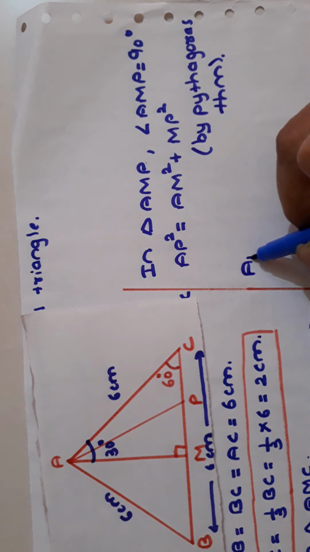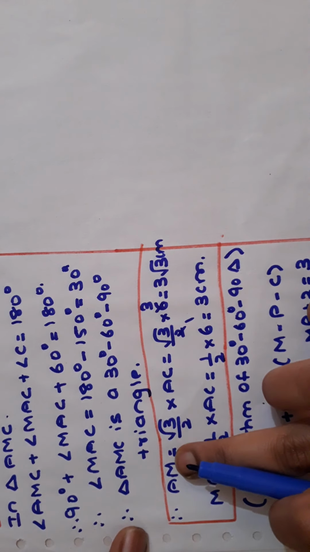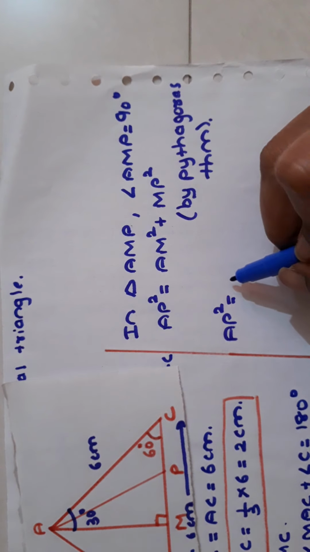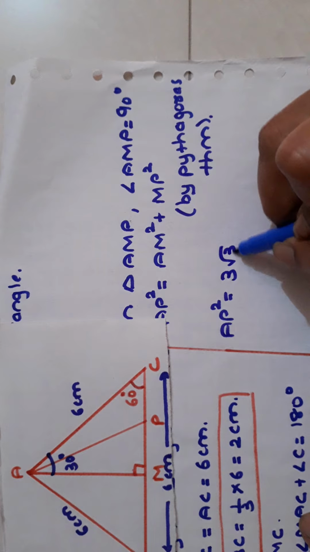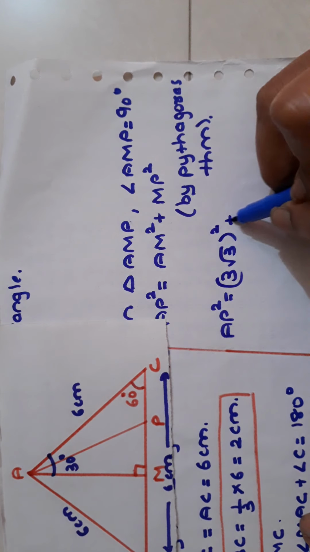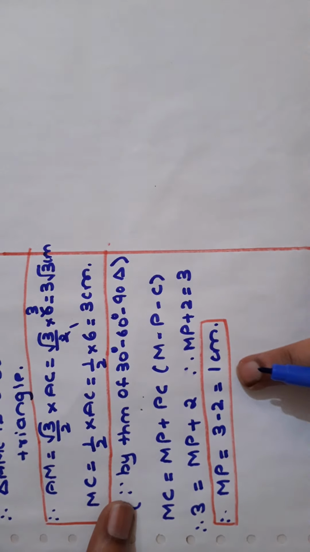Substitute the value. AM is 3 root 3. MP is 1 centimeter.